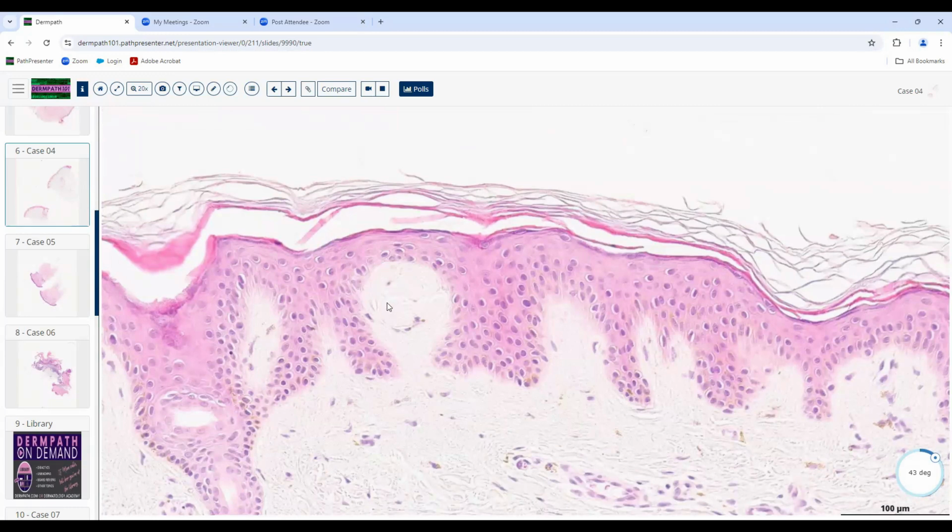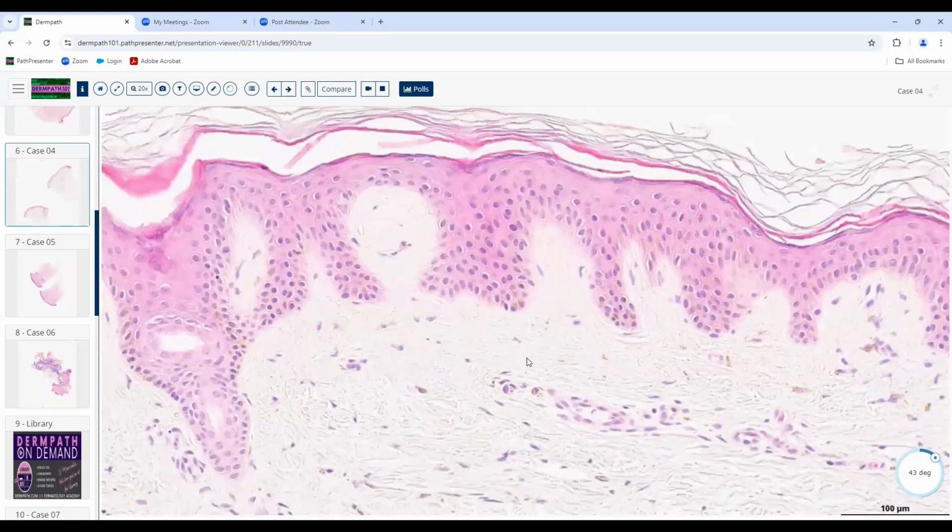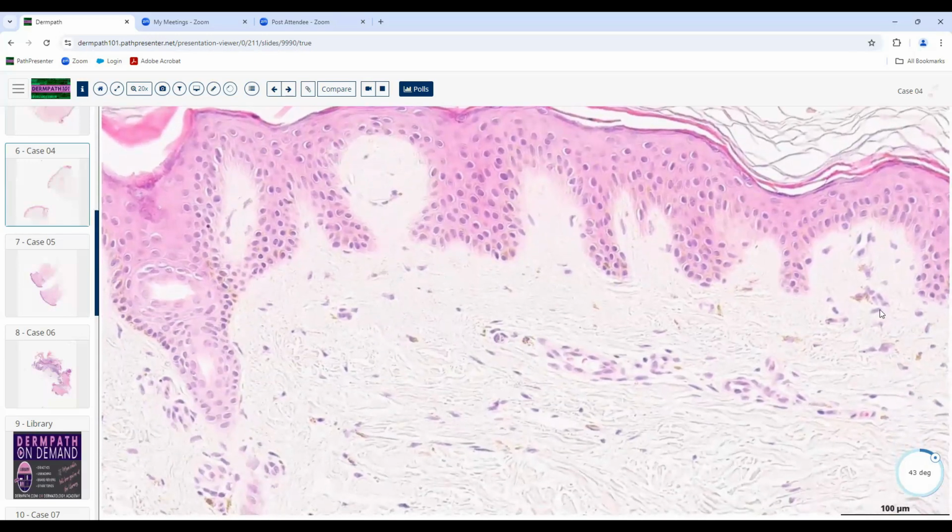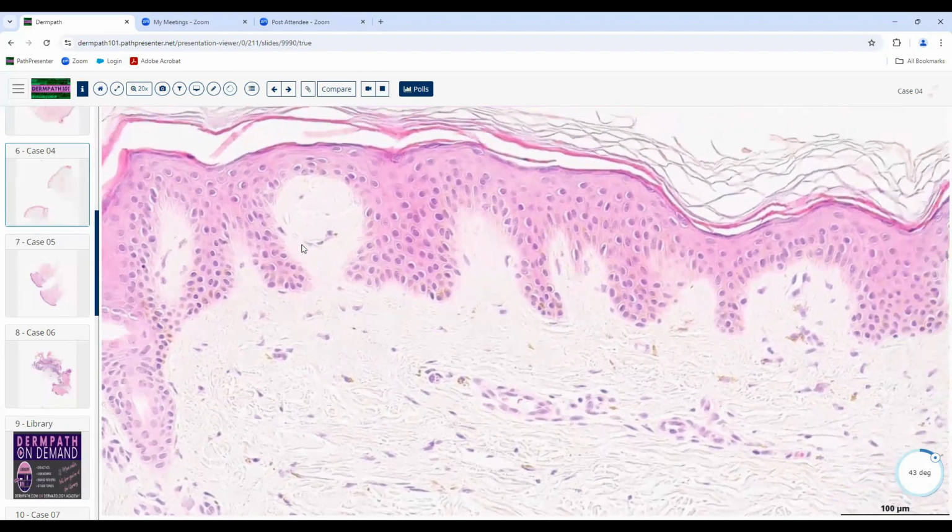These are little small clefts, and notice that these epidermal rete ridges are kind of hugging around this. So this material is deposited. You've got the almost ball and claw-like morphology here of the epidermal rete ridges and the dermal papillae. And then you get melanophages in the papillary dermis also. Very, very common with lichen amyloidosis and macular amyloidosis.